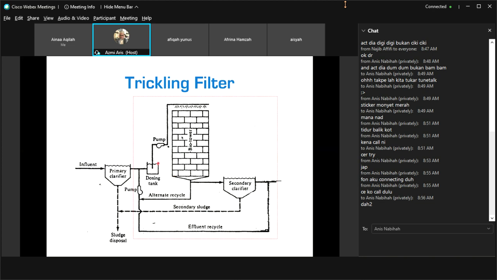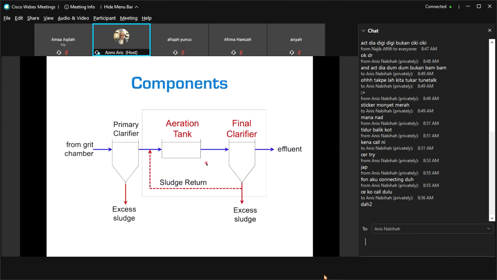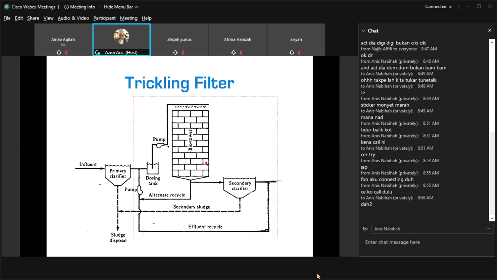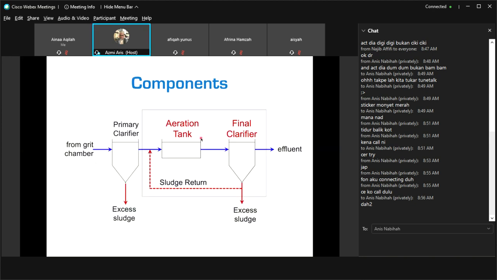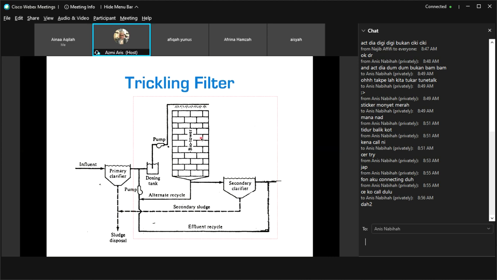Now we have bio tower or trickling filter followed by secondary clarifier. As you can see here, the difference is we replace the aeration tank in the activated sludge with the trickling filter.